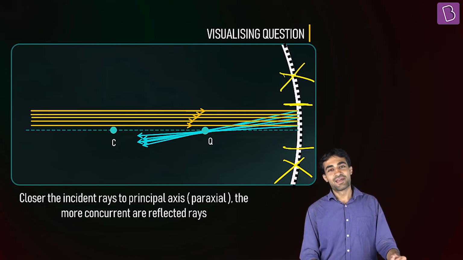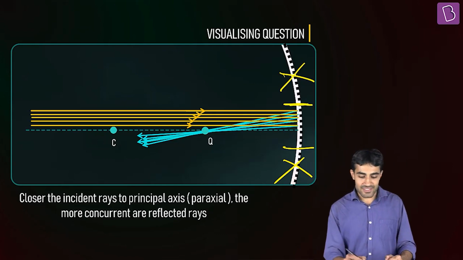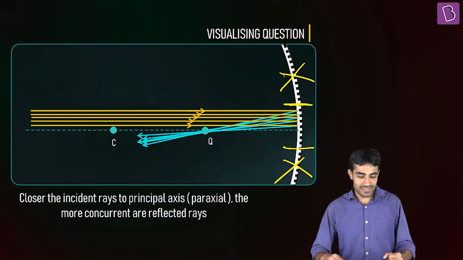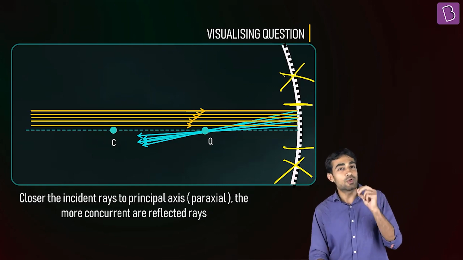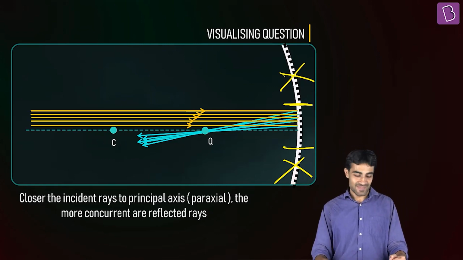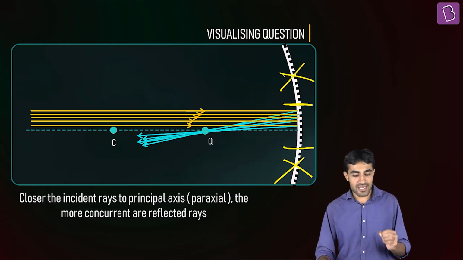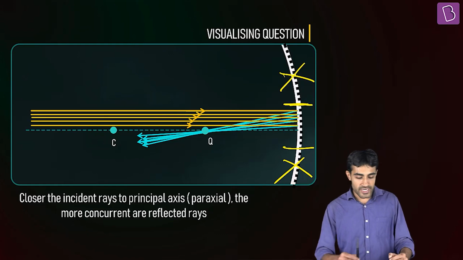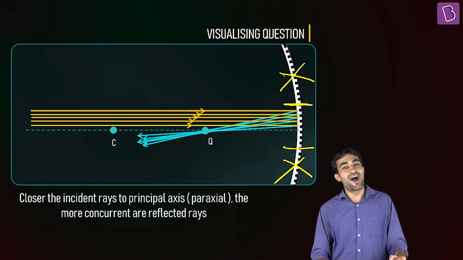Now, you can see that angles of incidence are almost the same, and these light rays are very close to our principal axis. So we can say the closer the incident rays are to the principal axis, the more concurrent the reflected rays are.